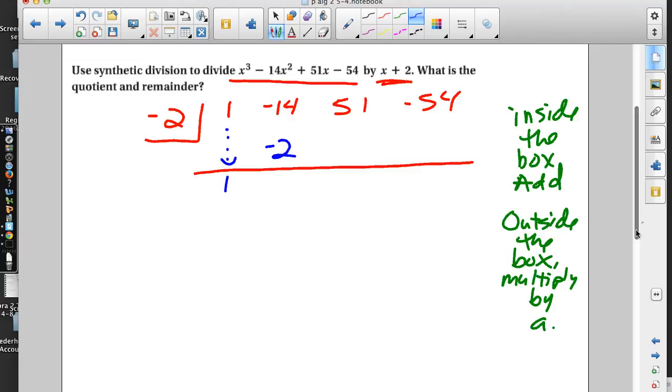So I'm in the box. When I'm in the box, I'm supposed to add. And I go outside the box. Now I'm outside the box, and I multiply by a. Now I'm inside the box, so I need to add.